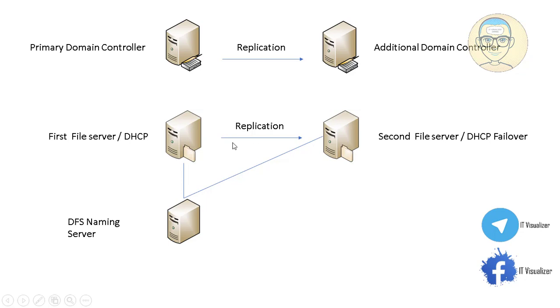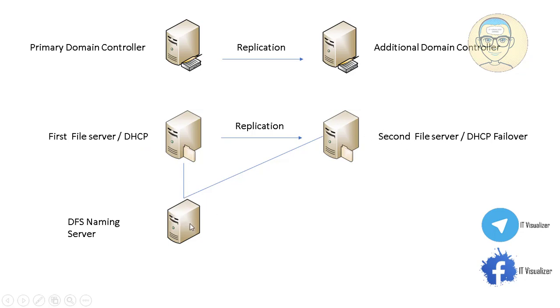We have said that there would be a replication between these two file servers, so the folders on this file server would be replicated exactly to the second file server, so they will have both data identically the same. So the DFS will be pointing to the first file server folders, so if it is down, it can be redirected to point to the folders on the second file server.